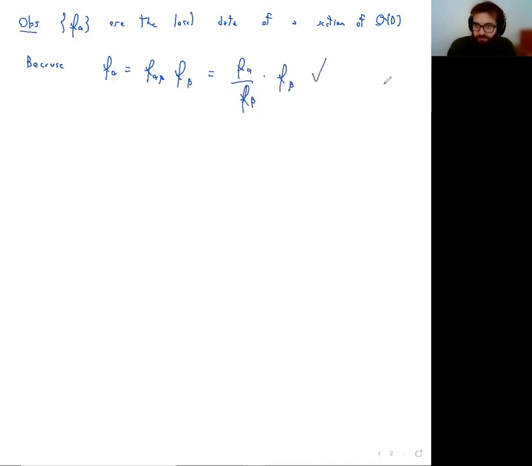No? So they glue together. So this is the local data of a section already.